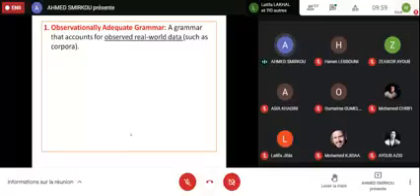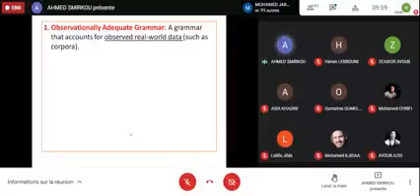What does it mean to say that a grammar is observationally adequate? It means that it is capable of accounting for the correctness of a certain sentence. It is able to generate only correct sentences. This is a grammar that is observationally adequate.